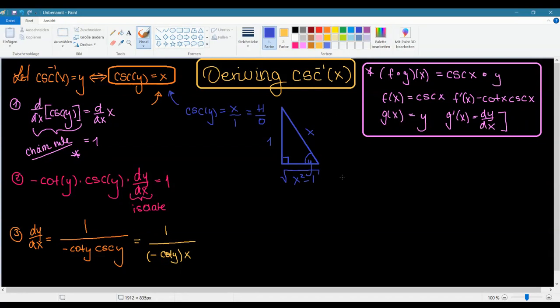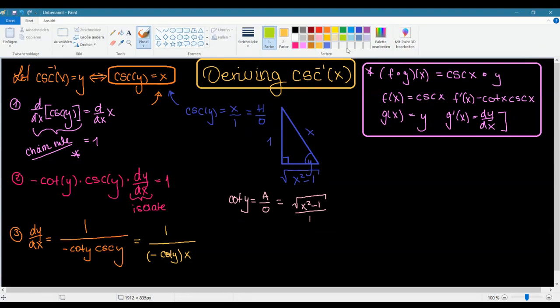Well, this length is going to help us enormously, because cotangent is adjacent over opposite. Well, we have a triangle with 3 lengths here. We know them all. So adjacent over opposite is actually the square root of x squared minus 1 over 1, which is just the square root of x squared minus 1.